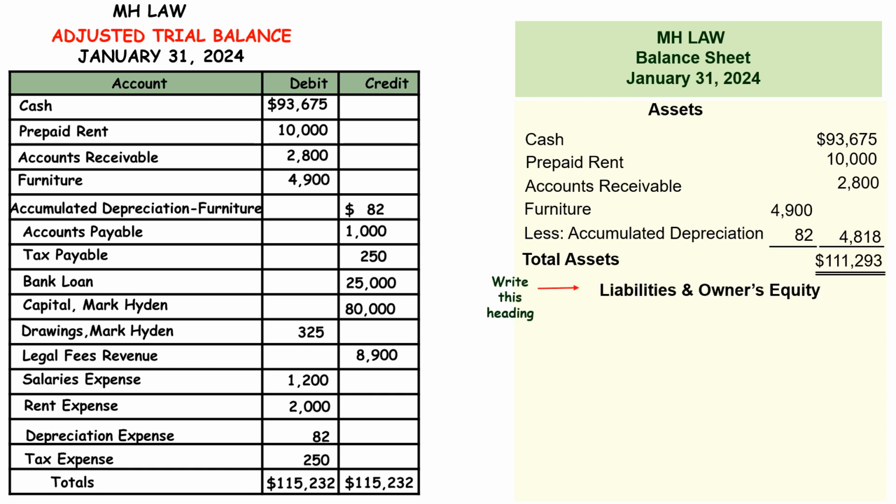So we will start with the heading, liabilities and owner's equity, and we are going to list the claims of the creditors, or in other words, list our liabilities. We will write a heading, liabilities, and go back to the trial balance and find our liabilities, and all we need to do is copy them right here. So let's copy those three liability accounts.